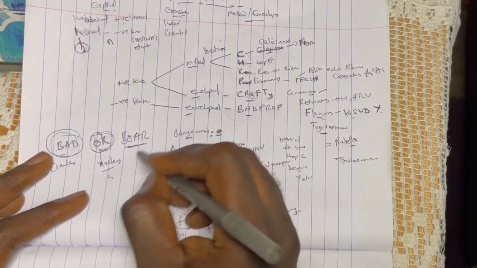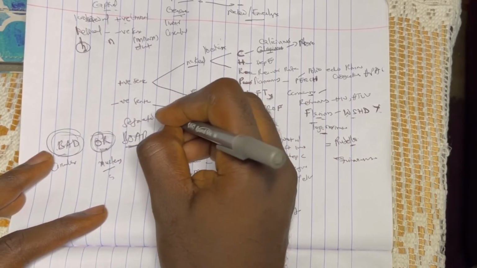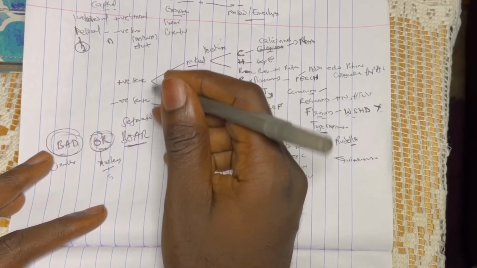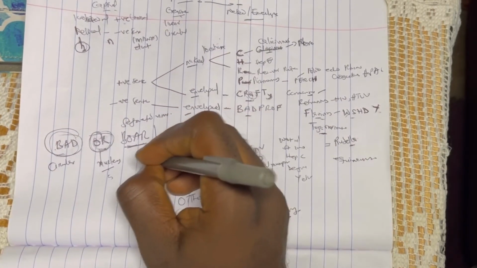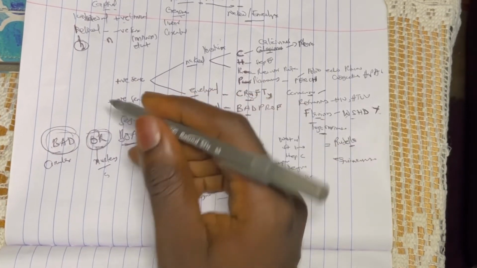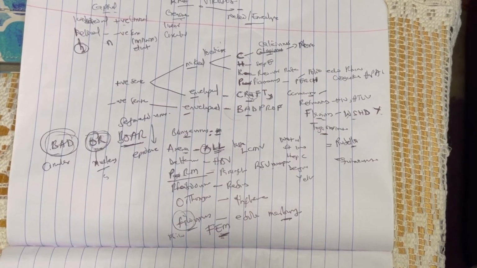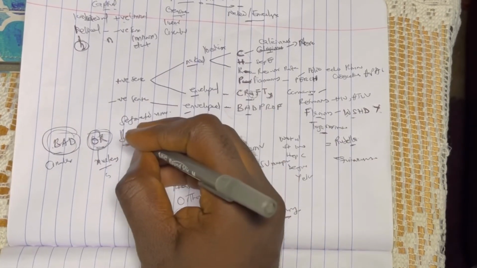And then the BOA, okay? So these are the segmented viruses. All you need to know about segmented viruses is that they have a high tendency to cause epidemics, okay? So when you come across a question talking about a virus that has a tendency to become an epidemic, think of segmented viruses.